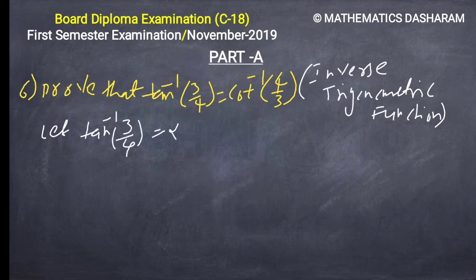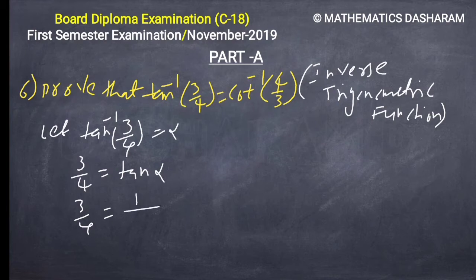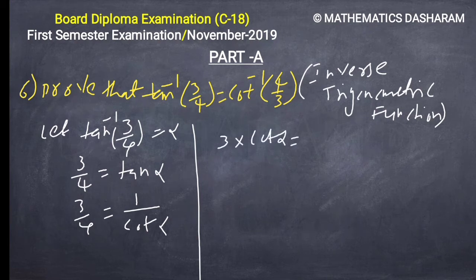Then the tan inverse is transposed to the RHS. So 3 by 4 equals tan alpha. 3 by 4 equals tan alpha can be converted into cot, that is 1 by cot alpha. So then do cross multiplication. 3 into cot alpha equals 1 into 4. Then cot alpha equals 4 by 3, because here 3 is multiplying.